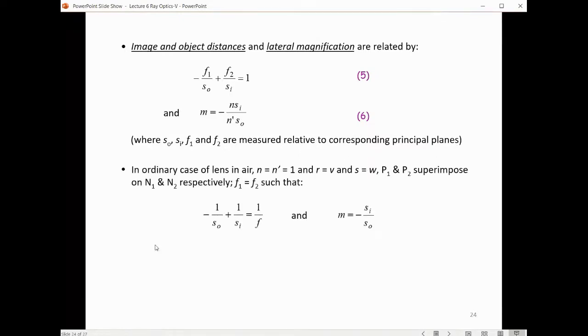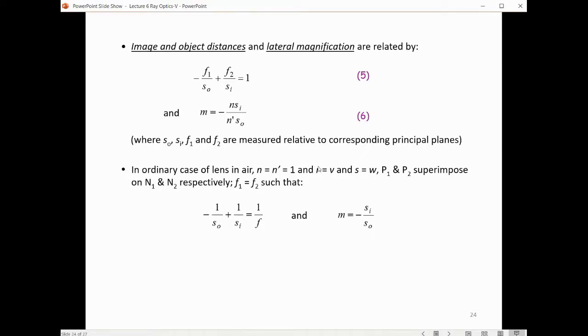In the ordinary case of a lens in air, then n will be equal to n prime, and that equals 1. You will find that r will be equal to v, s will be equal to w. In other words, principal points P1 and P2 will superpose on the respective nodal points N1 and N2.